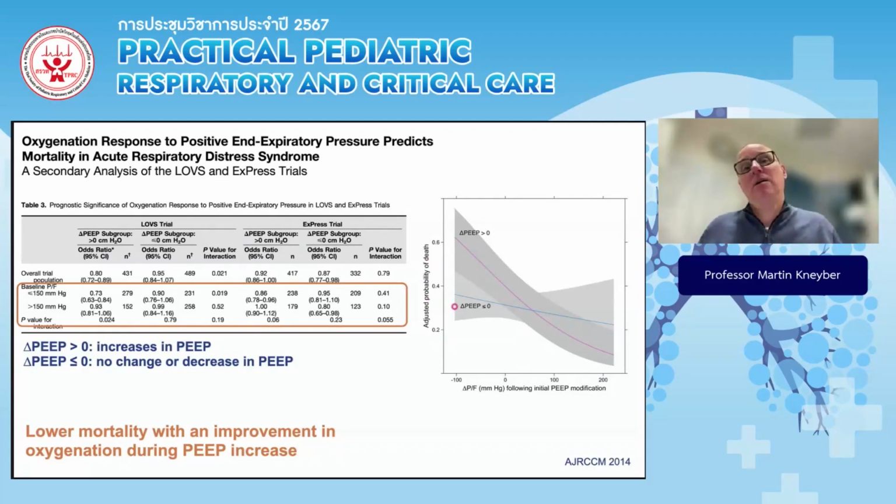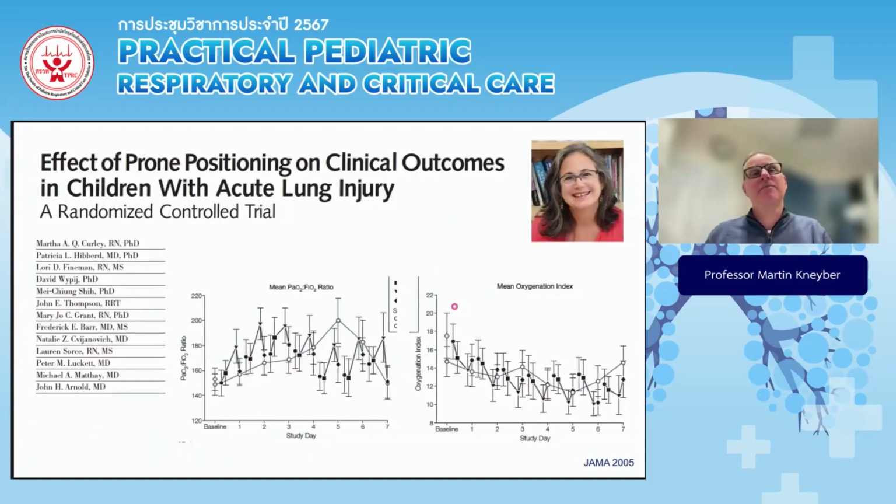So change in oxygenation could be used as an entry metric for a trial. Say, okay, I do a recruitment and the patient doesn't benefit in oxygenation, then probably I shouldn't put this patient in a PEEP trial. So again, dissecting.